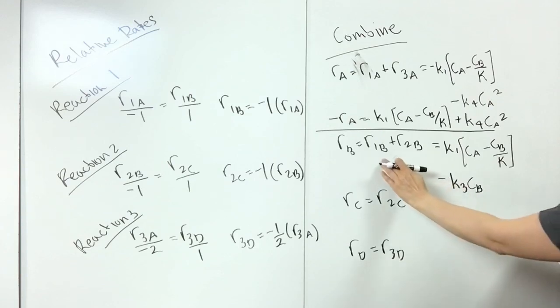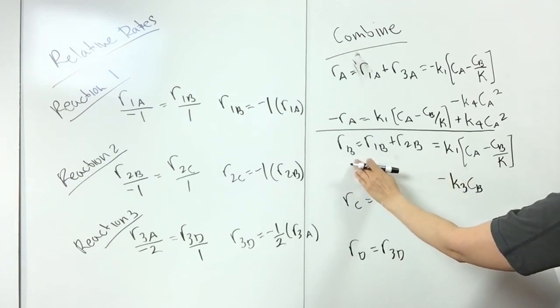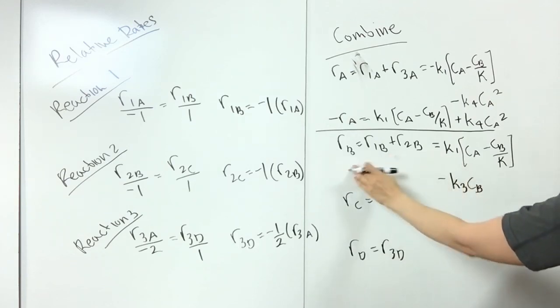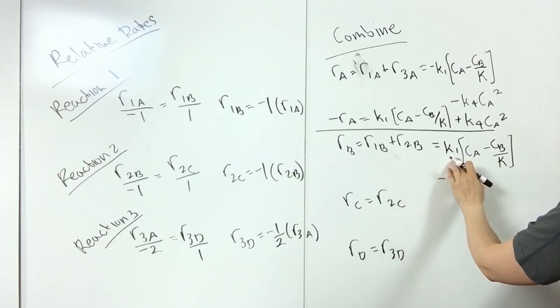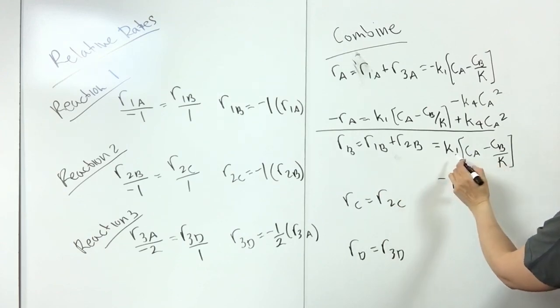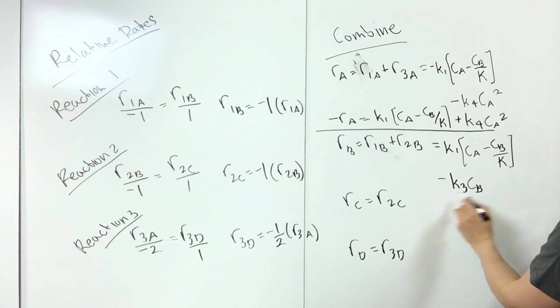And this makes sense the way it's written, because we know that this is the rate of appearance, and it's appearing in reaction 1 and disappearing in reaction 2.